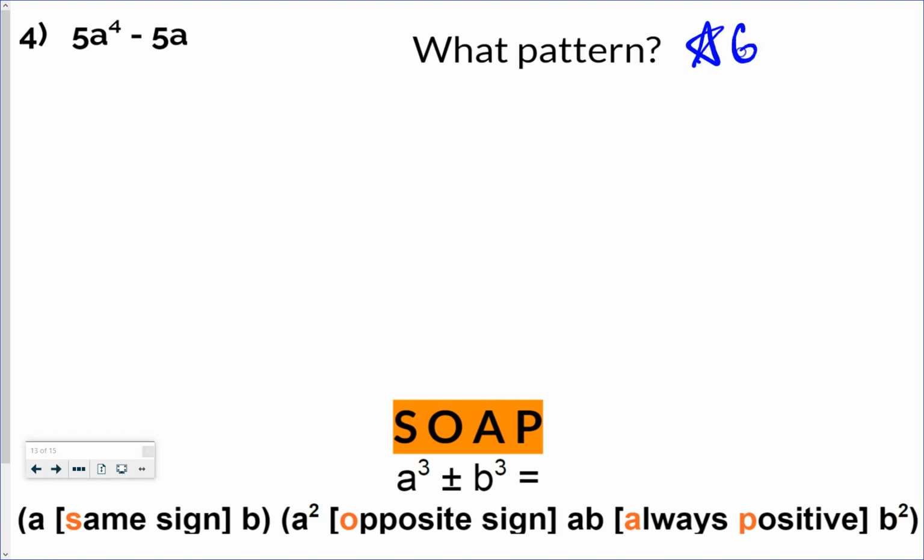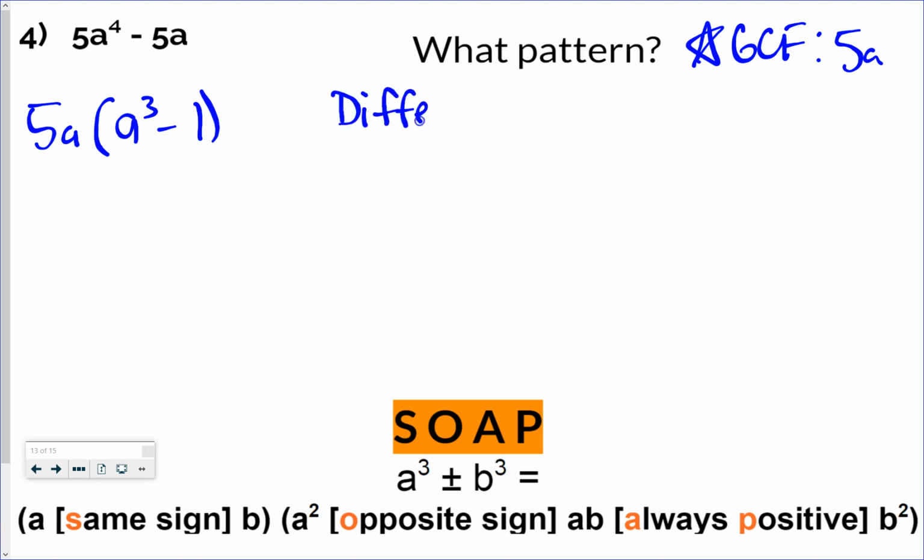So GCF this time is 5a. So when we take 5a out, what's left over? A cubed minus 1. Good. So what pattern is this? Is it a sum or difference? It is a difference, and is it a difference of squares or a difference of cubes? Good.